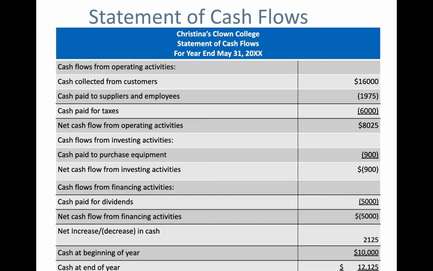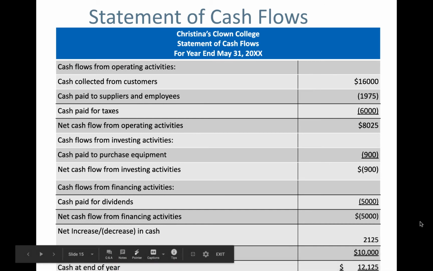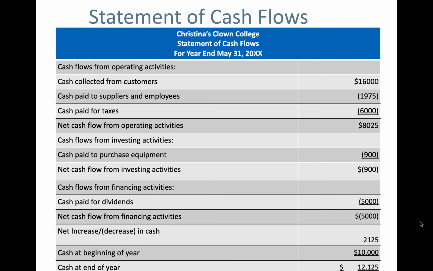Our next financial statement is what's called our statement of cash flows. And so this is our statement of cash flows for the year end. Our statement of cash flows basically shows how money flows through the business. We have cash from operating activities, investing activities, and financing activities. So we start with cash flows from operations.